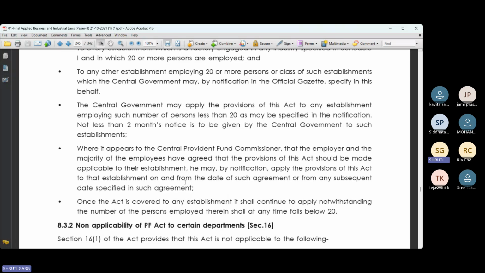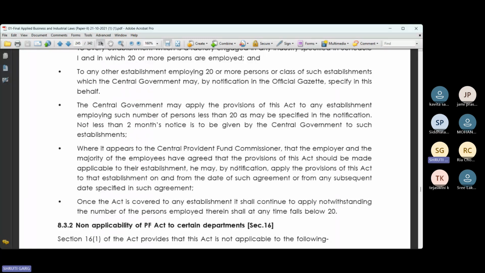Where the Central Provident Fund Commissioner thinks that the employer and the majority of employees mutually agreed that provident fund should be applicable to their establishment, they may apply the provisions of this Act to that establishment. Clear? But it should be after the notification.